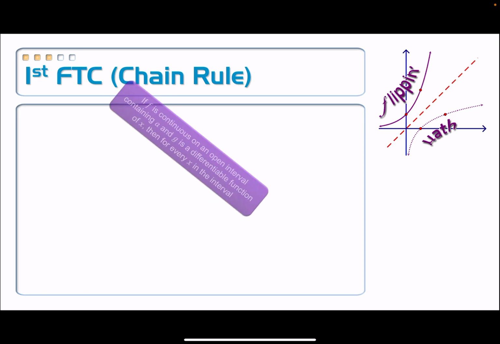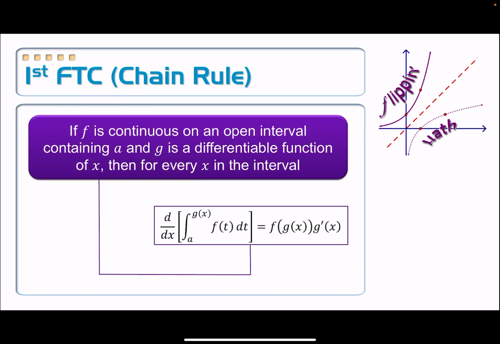If f is continuous on an open interval containing a, that's this a down here, and g of x is a differentiable function of x, that's our upper limit of integration here, then for every x in the interval, the derivative with respect to x of the definite integral from a to g of x of f of t dt is, now does that look familiar? Doesn't that just look like the chain rule? Because of course it is. We take this g of x function, plug it in for the t, and then don't forget the chain rule component. We multiply it times the derivative of g.